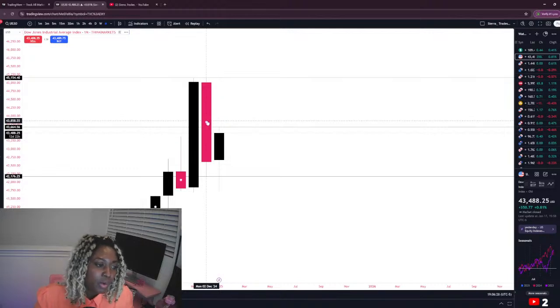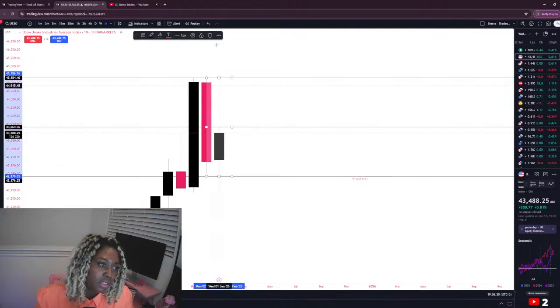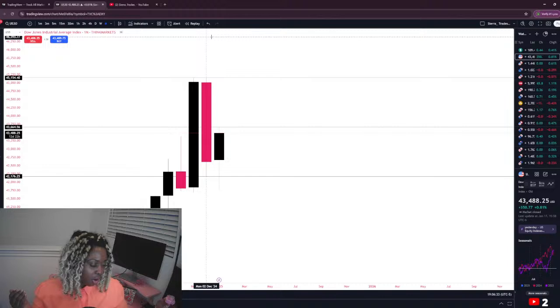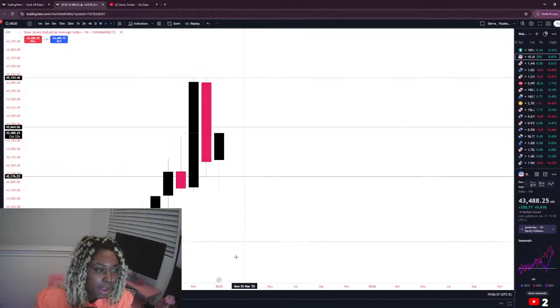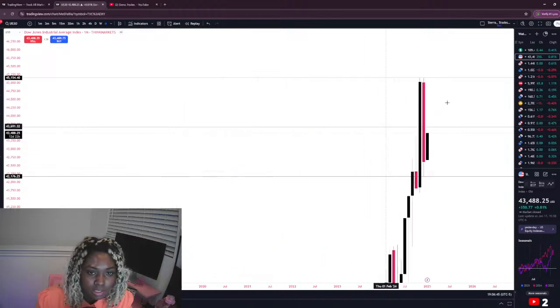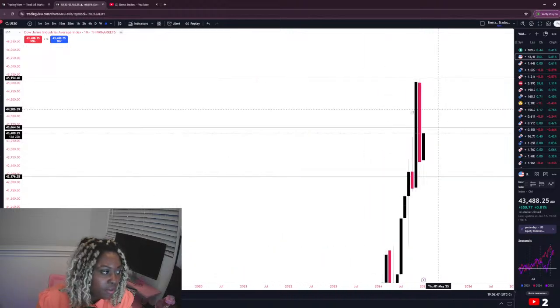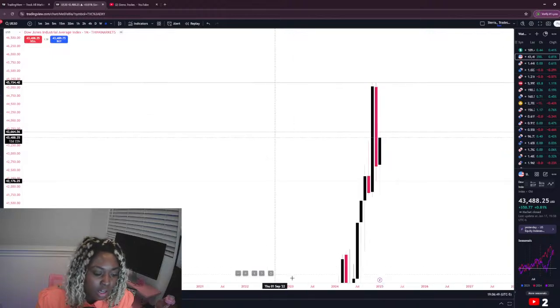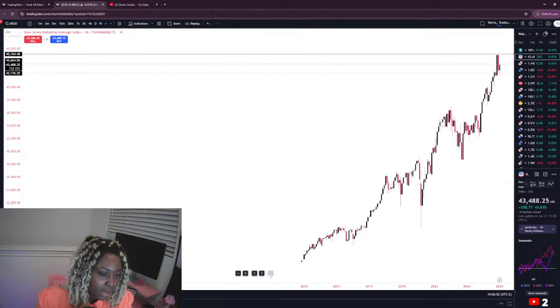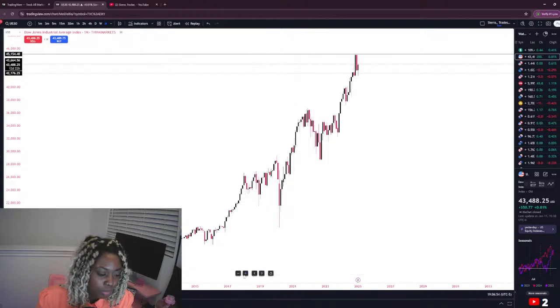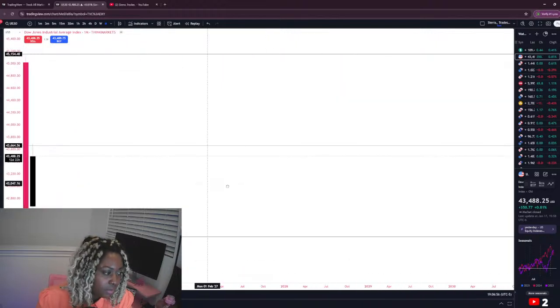But like I said, with Trump being in office and his inauguration being Monday, we might just see a spike. We might see all-time highs because we have liquidity right here, which is equal highs, and this is the highest US 30 has ever been. It's at 45,154. We might break the highs next week with Trump being in office.